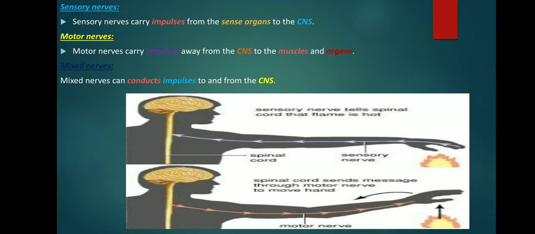This is different from the motor neuron, which includes a cell body and branching dendrites, while the nerve is made up of bundles of axons. Motor nerves act as efferent nerves, which carry information out from the central nervous system, as opposed to afferent nerves, which send signals from sensory receptors in the periphery to the central nervous system. There are also nerves that serve as both sensory and motor nerves, called mixed nerves.